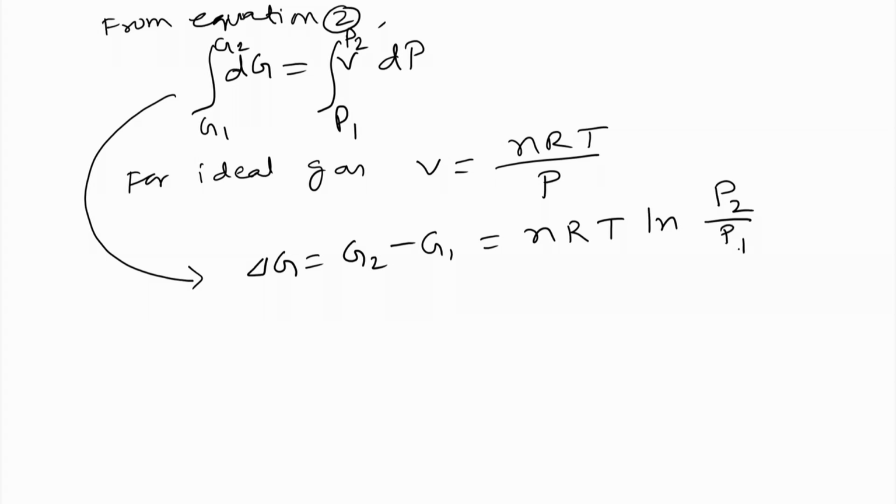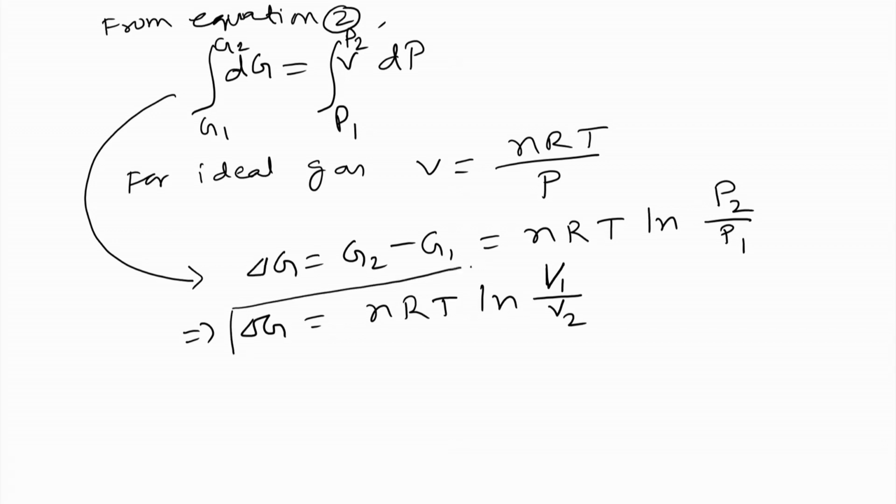Or we can further write delta G as nRT ln V1 by V2, since P is inversely proportional to V at constant T and n. So we get another nice expression for calculating delta G.